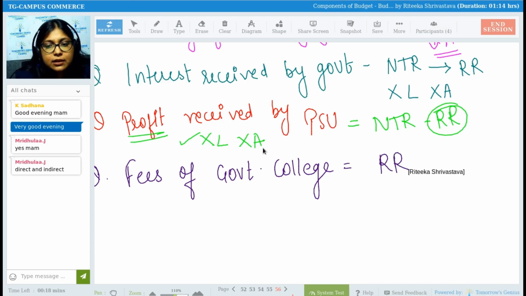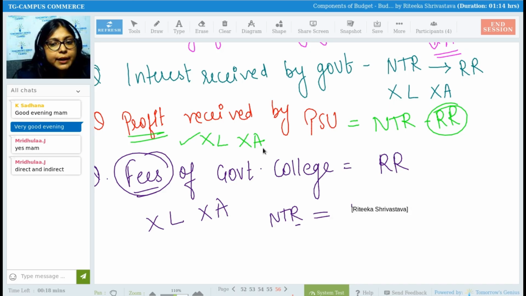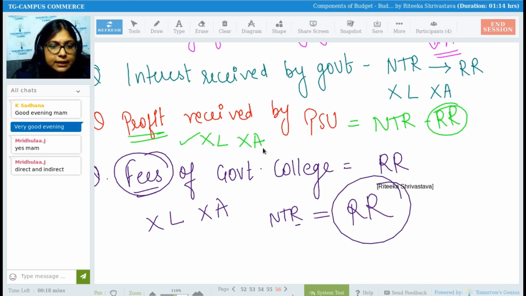Yes, revenue receipt. Fees is neither going to create any liability on the government, nor is it going to increase the assets of the government. And fees is part of non-tax revenue. So in both cases, these are part of revenue receipt. So fees of government college is a kind of revenue receipt.